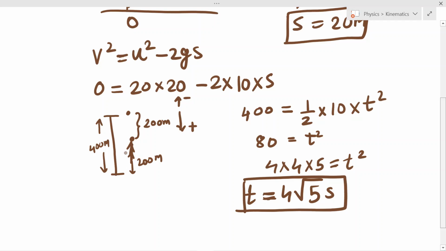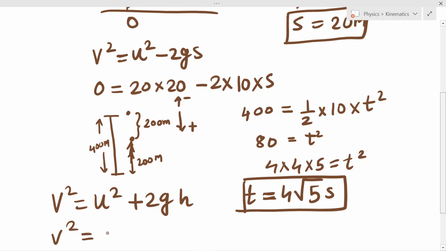And now what is its velocity when it is 200 meter above the ground? So it will be v square is equal to u square plus 2gh. So now h is 200 meter. So v is to be found out. u is 0 because it is dropped simply, plus 2 into 10 into 200. So this becomes 4000.